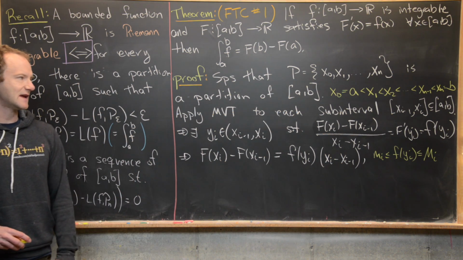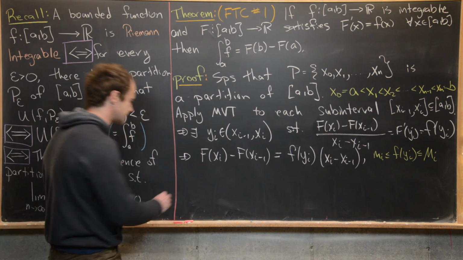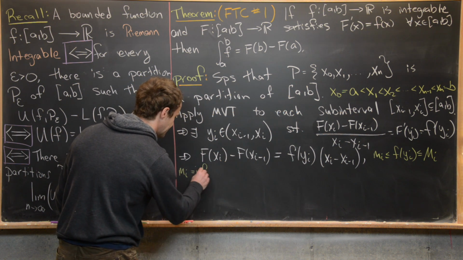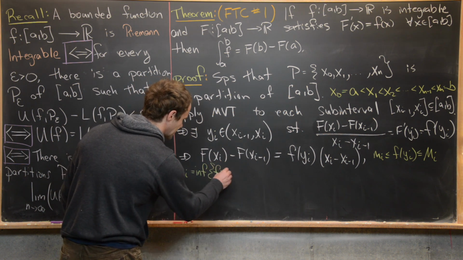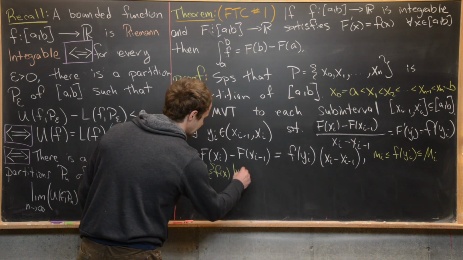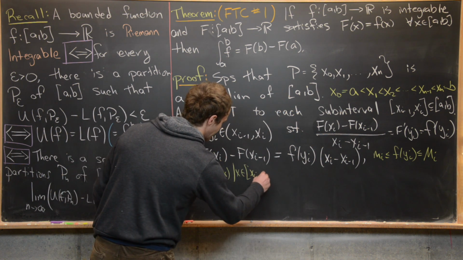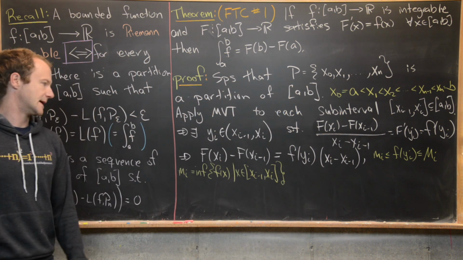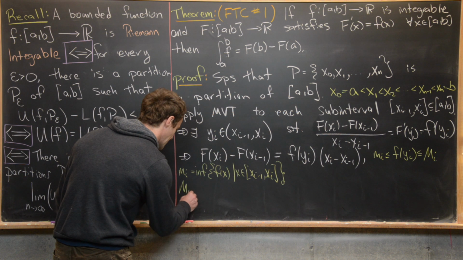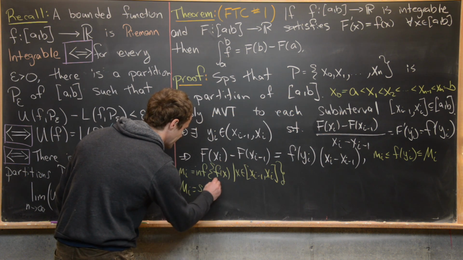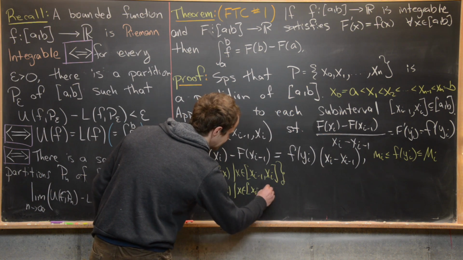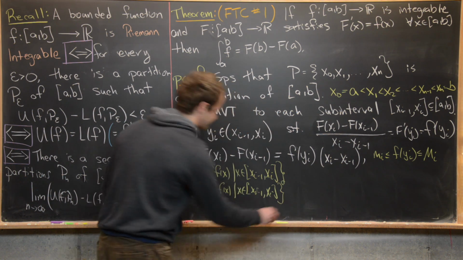Where we're using that same notation that we did in previous videos. So we have little mi is the infimum of f of x as x runs through everything on the subinterval x_{i-1} to x_i. And then capital Mi is the supremum of f of x on that same subinterval.